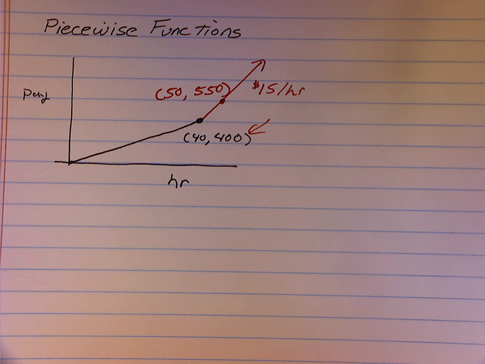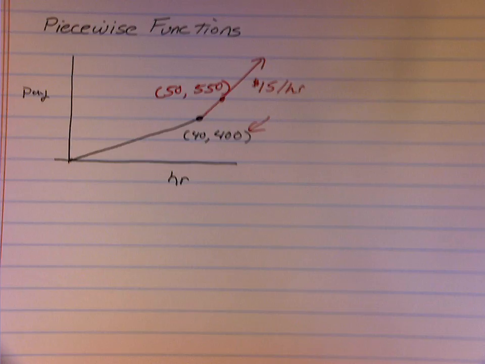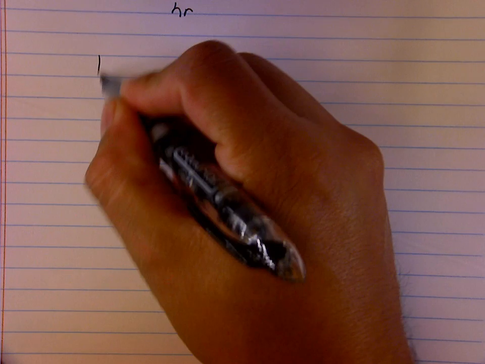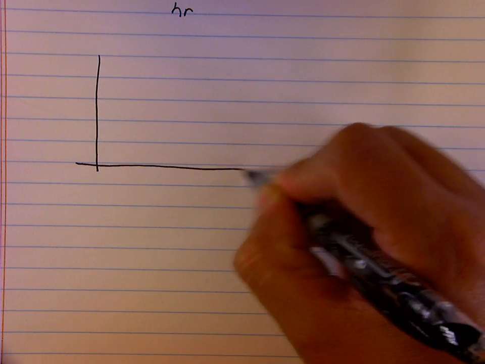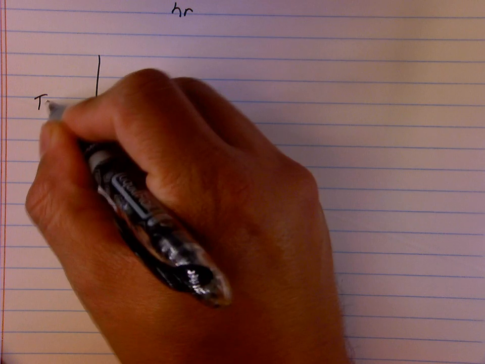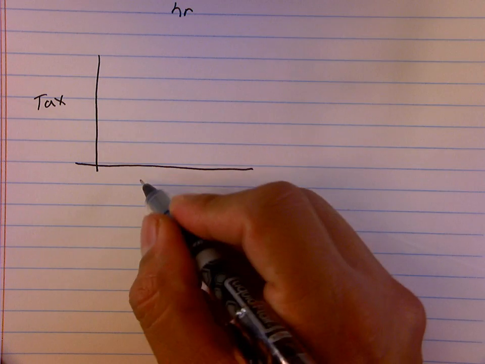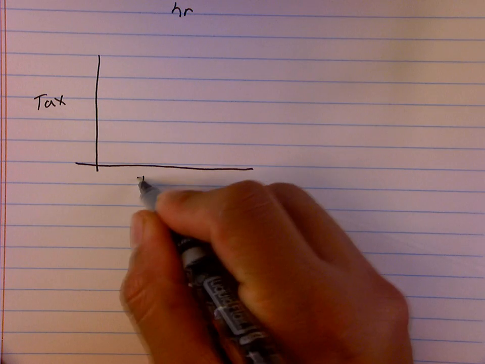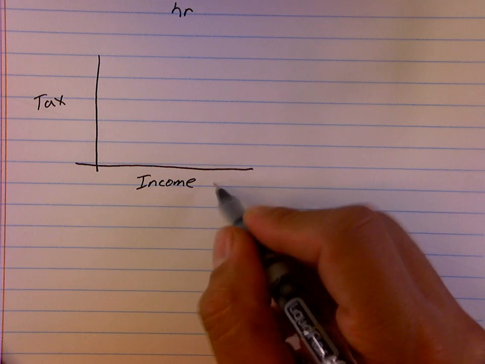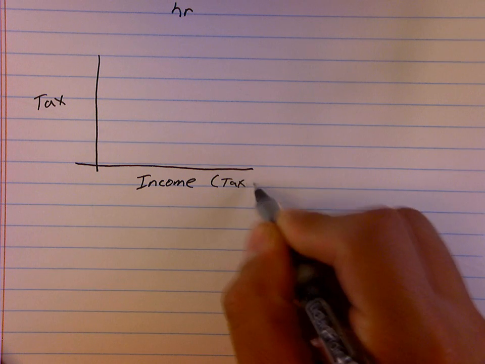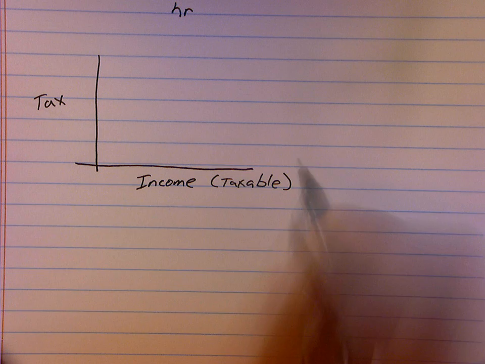Another example of piecewise functions that are very common are used in taxes. Generally what happens, if you look at your taxes, with our vertical axis being the taxes and our horizontal representing your income. Actually, it's generally your taxable income.